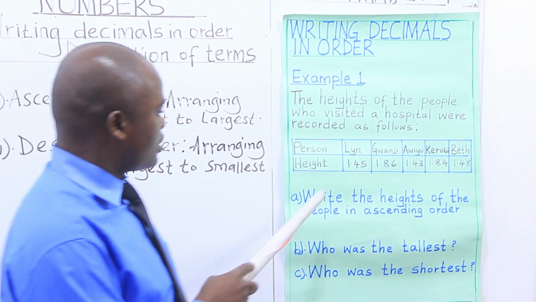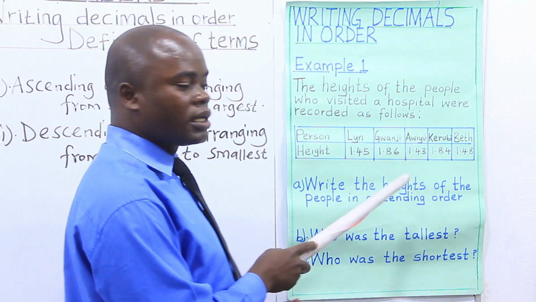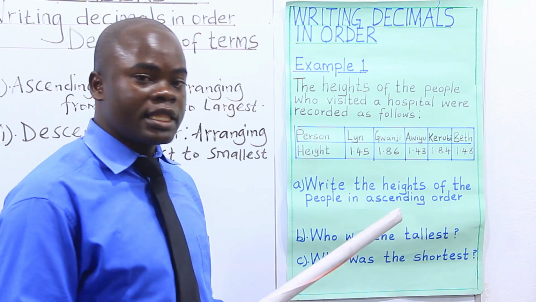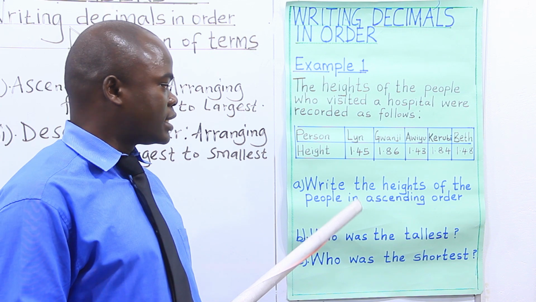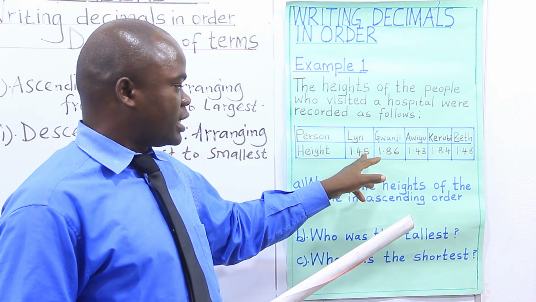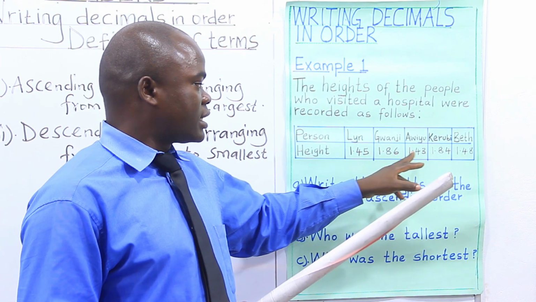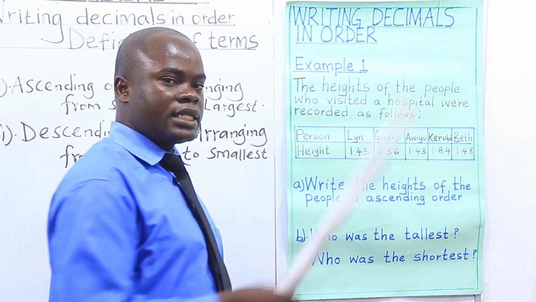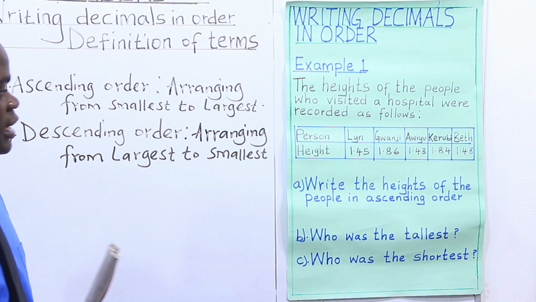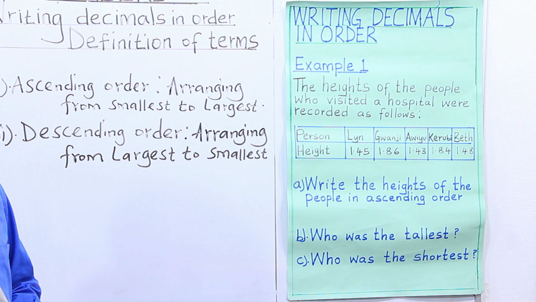You can look at, we have Lin 1.45, Gwanji 1.86, then we have Awiyo 1.43, Kerubi 1.84, then Beth 1.48. So if you compare the place value of the digits in the hundredths place, we have 5, 6, 3, 4, and 8. So the smallest number in these heights is the height of Awiyu.